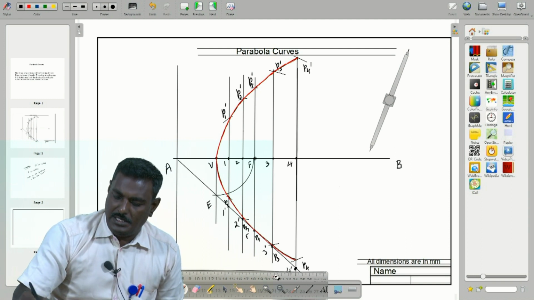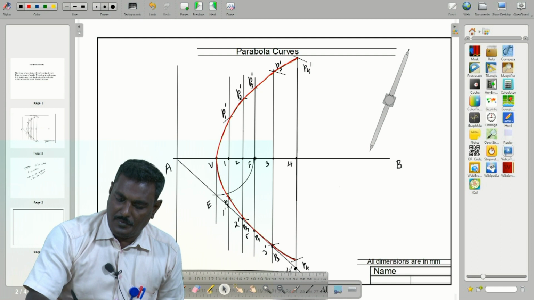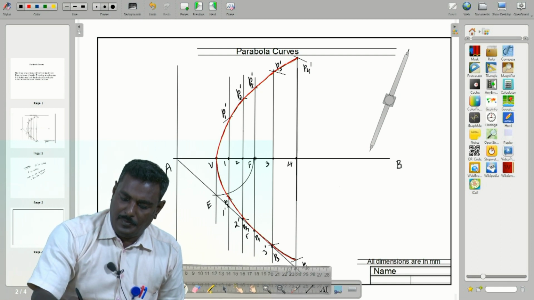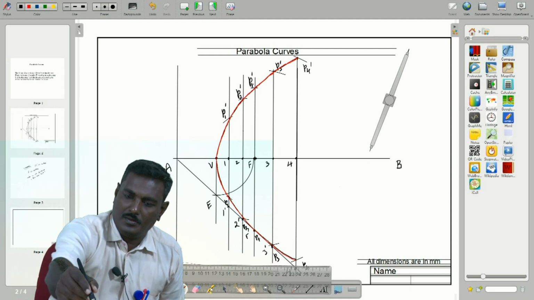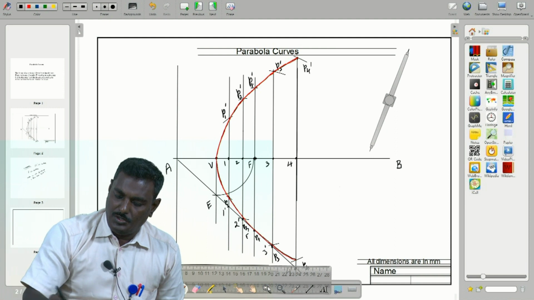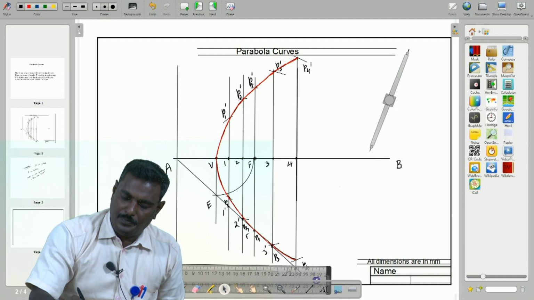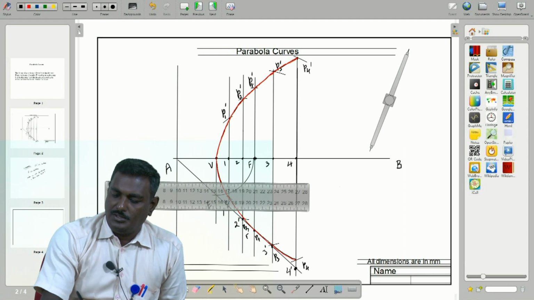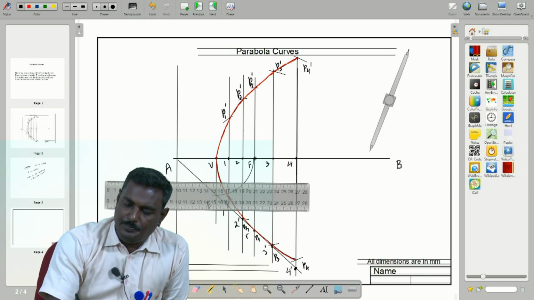In this we have to print the name of the curve, parabola.